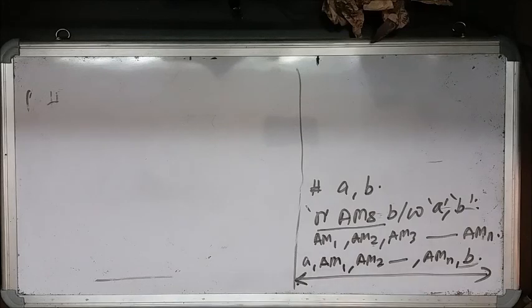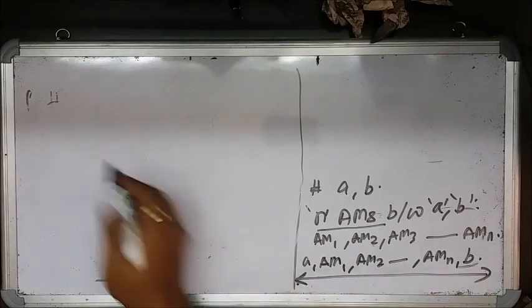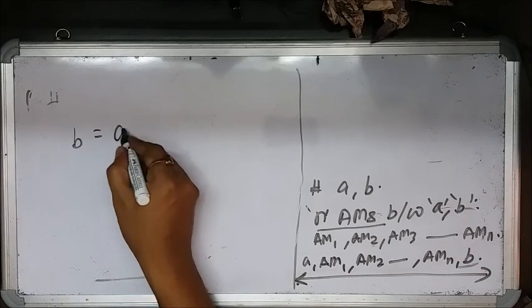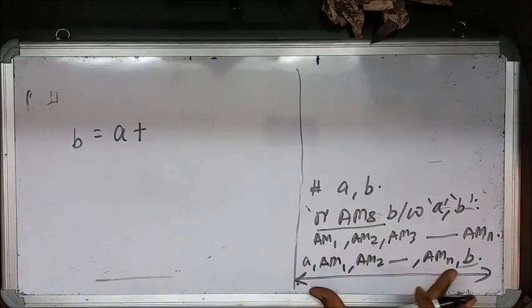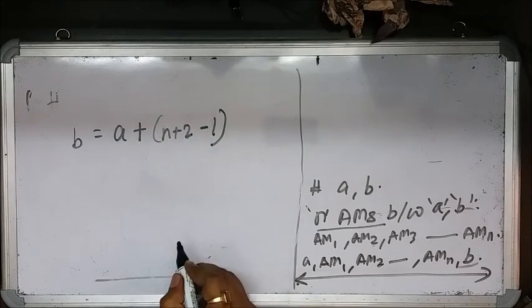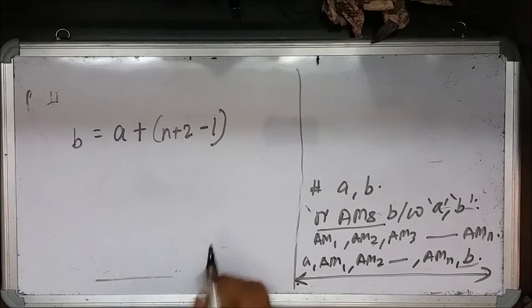So if this entire sequence is an arithmetic progression, can I say from here that B, the last term, will be equal to the first term plus, how many terms are there? n plus 2, you can see n arithmetic means plus 2. So n plus 2 minus 1, times the common difference.